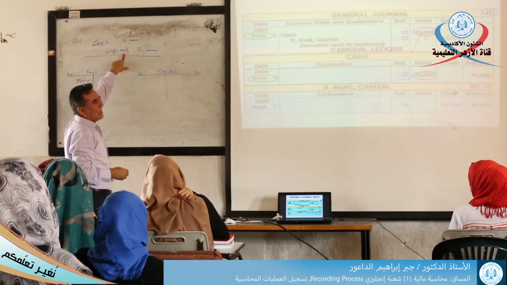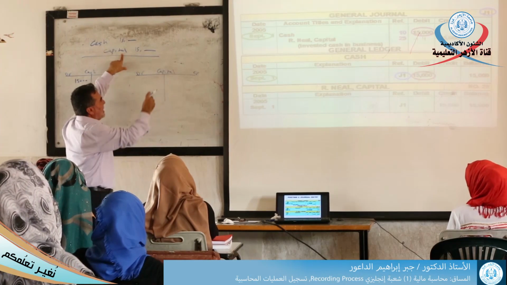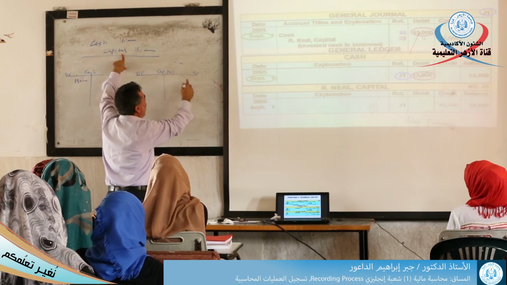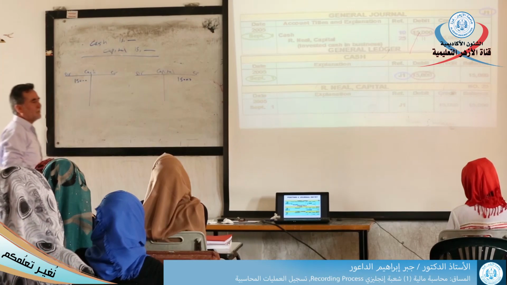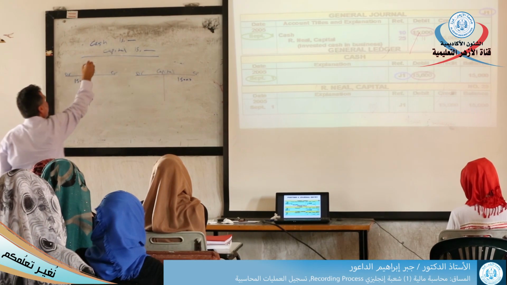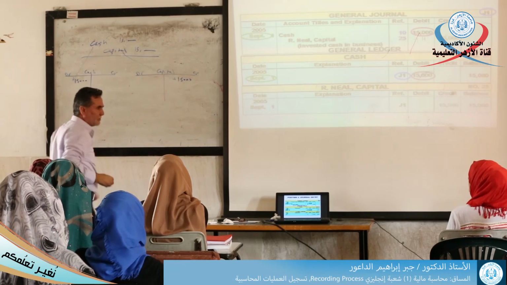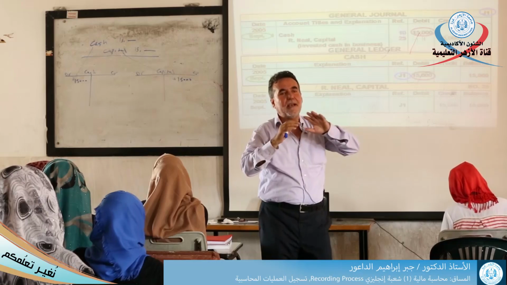Whereas capital is in the credit side. So in the capital ledger account, on the credit side, I will write the 15,000.